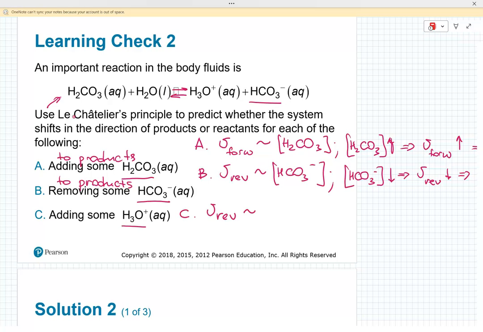I just did not include it in our consideration yet. Do you agree with that statement? Which means if the concentration of H3O plus increases, the reverse rate increases, absolutely, yes.